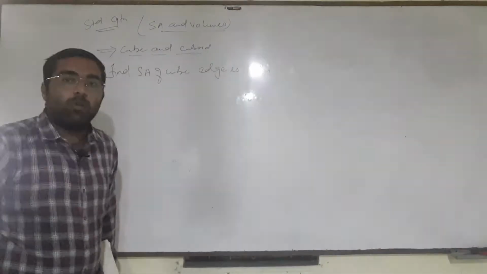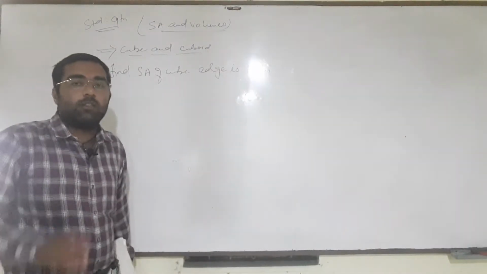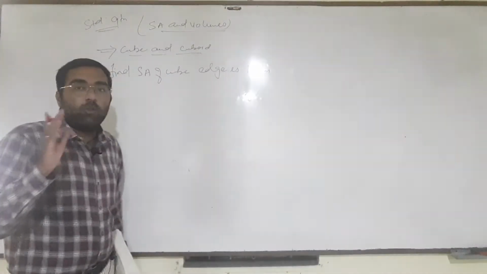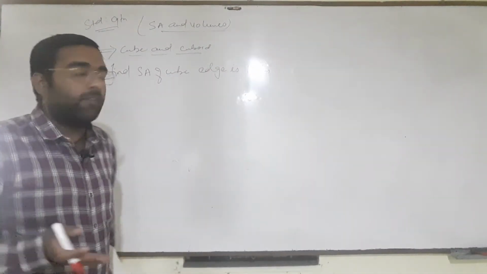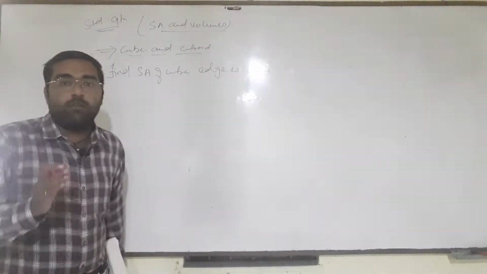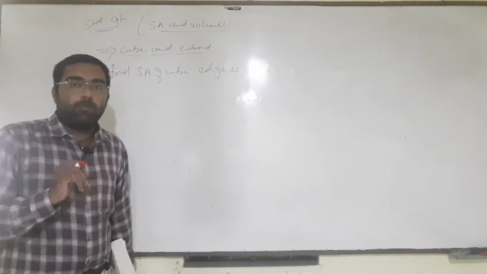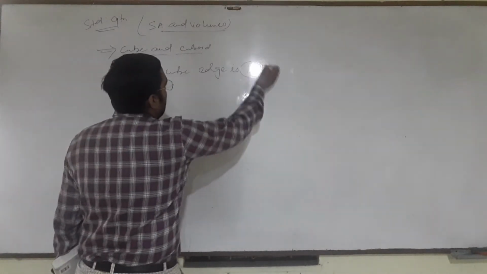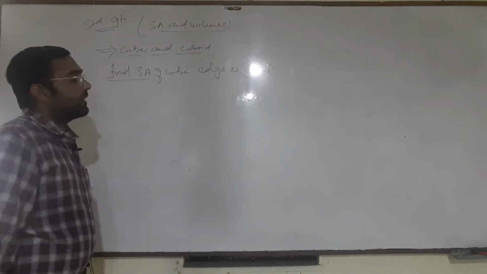There is no information given whether it is total surface area or lateral surface area. So whenever no such information is given, we always take total surface area. So I have to find the total surface area of the cube whose side is 11 centimeter.